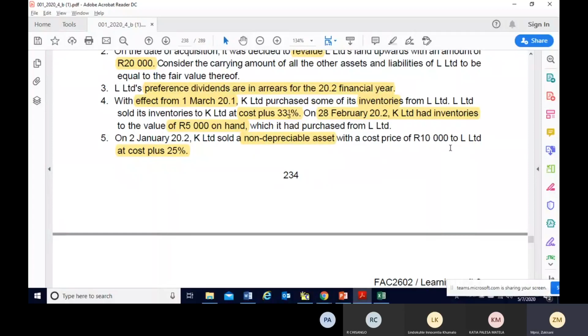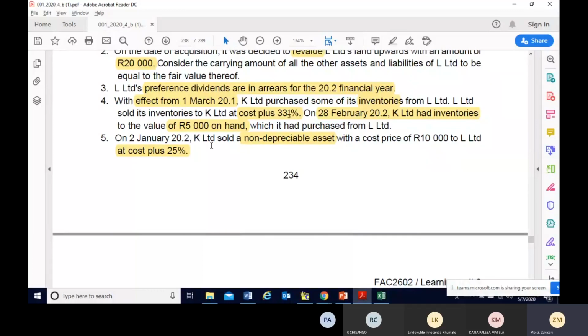The first one was us having purchased inventory. Now we have sold, so hold on. When we do retained earnings, we are going to have this 25% reduce the retained earnings of the parent. The sale has been made by the parent.